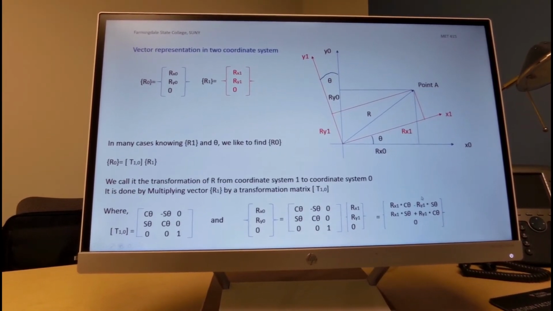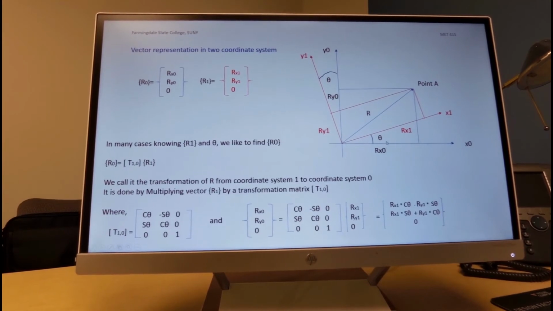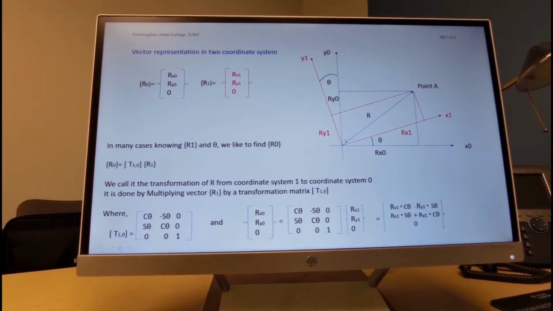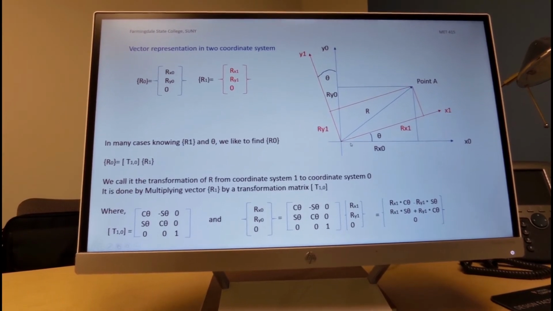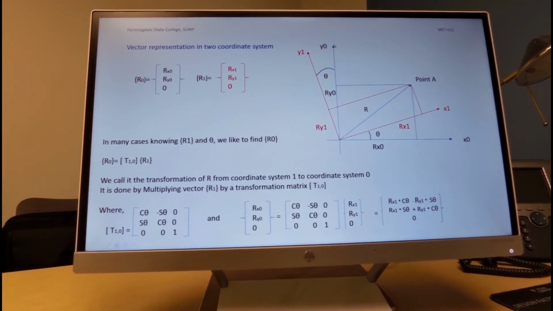So this is the expression and the result of the transformation of vector r represented in x1 coordinate system to vector r represented in the 0 coordinate system.